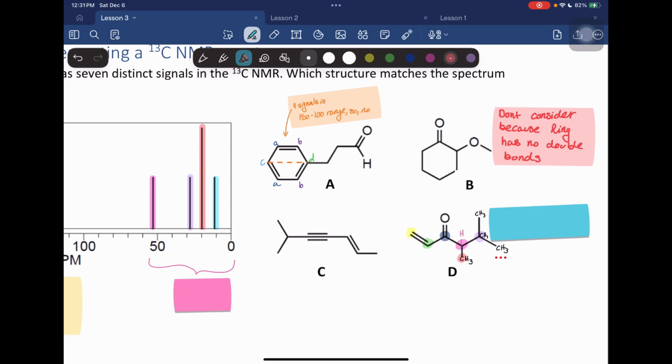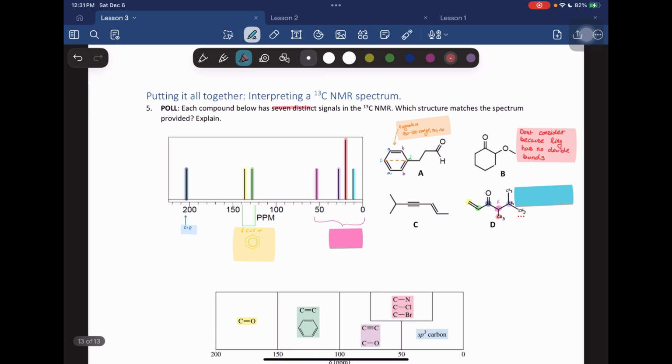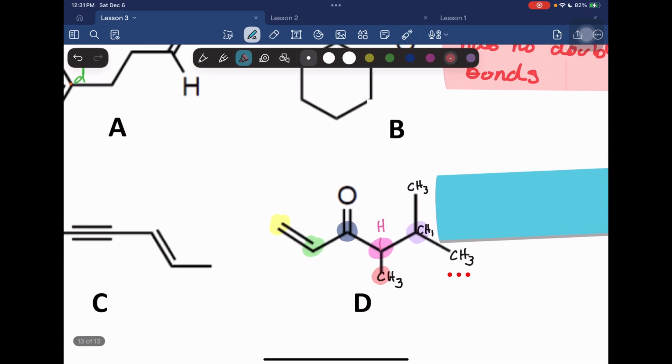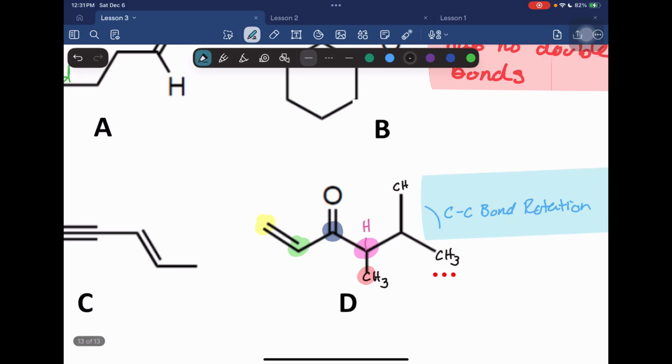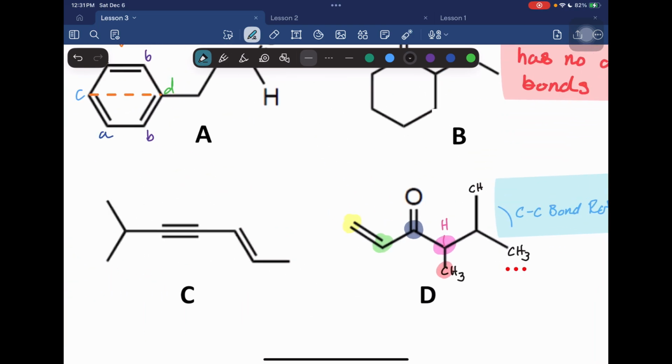But then we have an issue, right? We say that this has 7 distinct signals. And it is 7 distinct signals because there is a carbon-carbon bond rotation here, meaning that we have purple here, and then these are going to be equal, right?